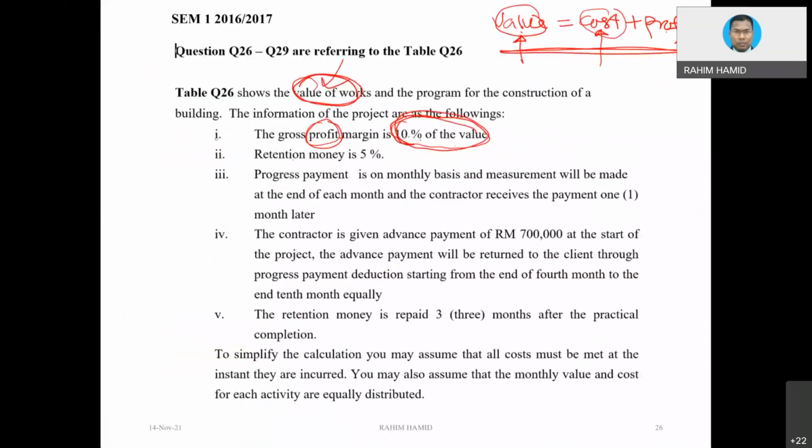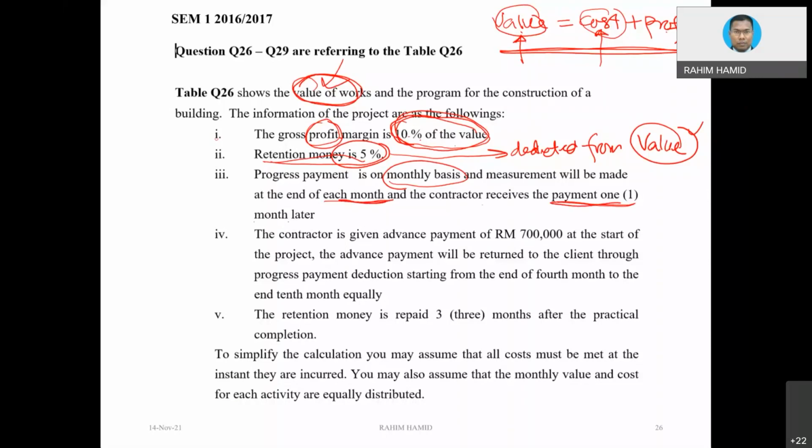Retention money is mentioned as 5%. And remember, retention money has to be deducted from value, not from cost. Progress payment is on a monthly basis, and measurement will be made at the end of each month, and the contractor receives payment 1 month later.